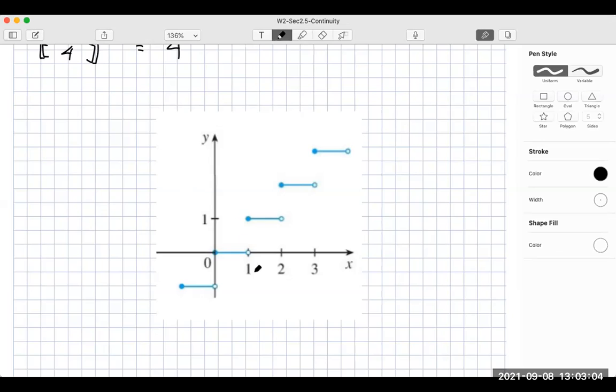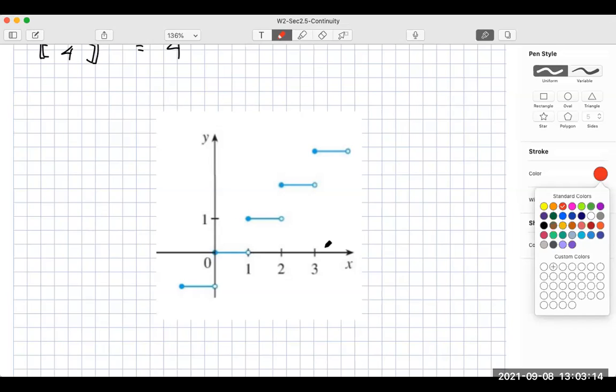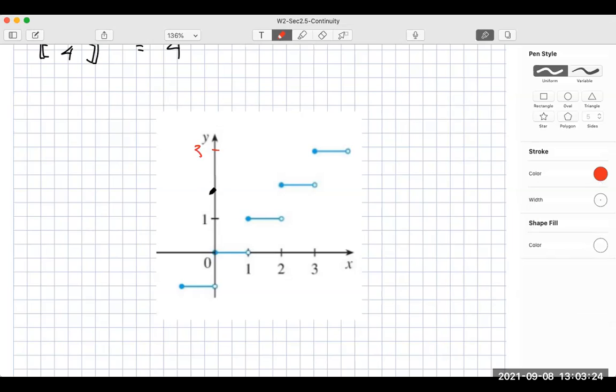Okay. When x is between 0 and 1, it will be this line. When x is larger than 3, for example, it will be this line. But at 3, it will be 3, right? This value. Therefore, it is a solid point right here.